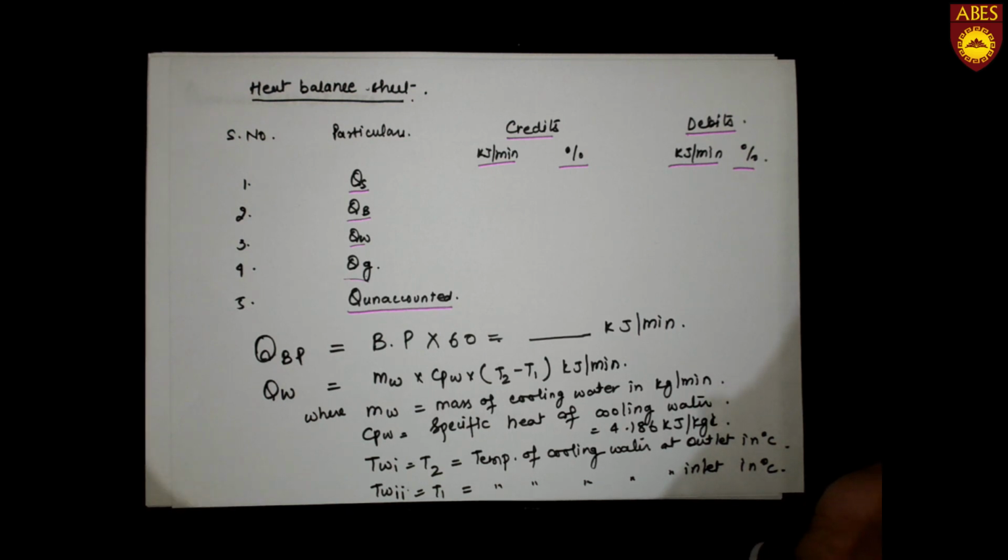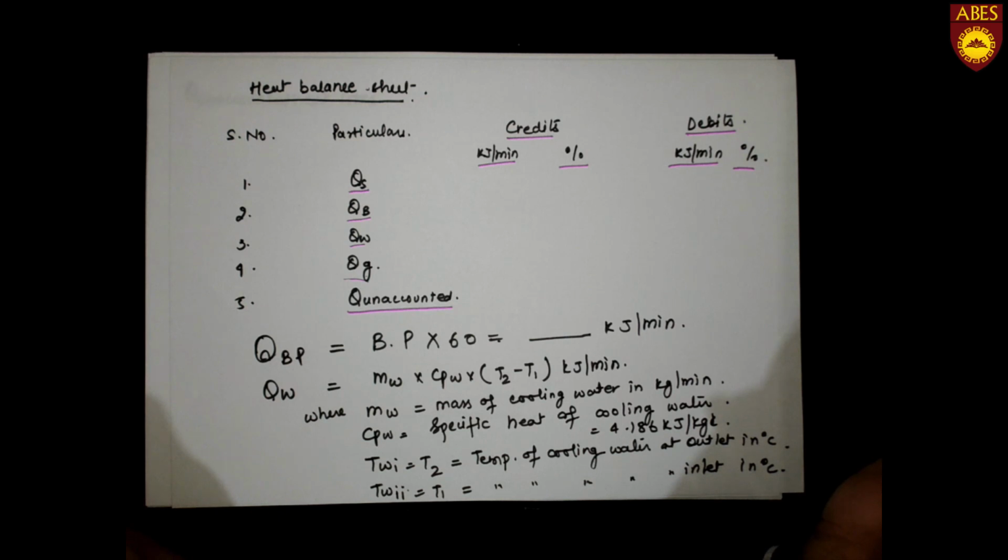All these parameters are also taken into account nowadays because a lot of research is going on in alternate fuels. Nowadays we are dependent on fossil fuels, and it is leading us towards the twin crisis of fossil fuel depletion and environmental degradation.